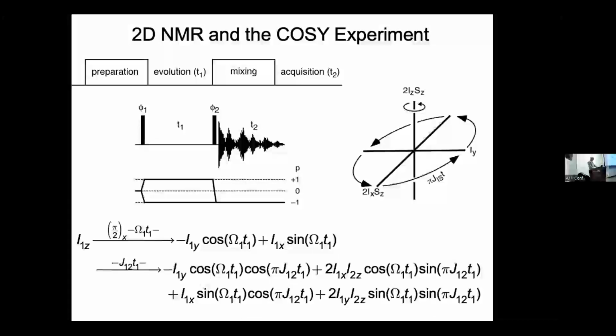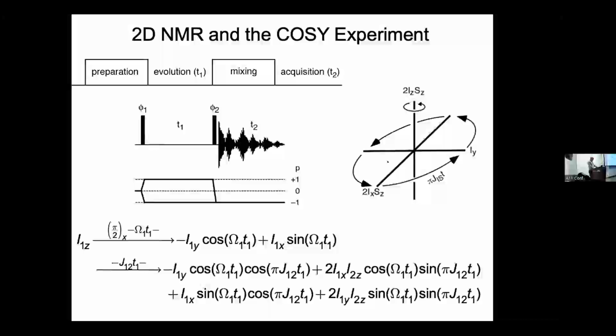And then I do the scalar coupling. Each of these two terms splits into two more terms. Here, for example, is the picture that I would draw for IY evolving under the scalar coupling.